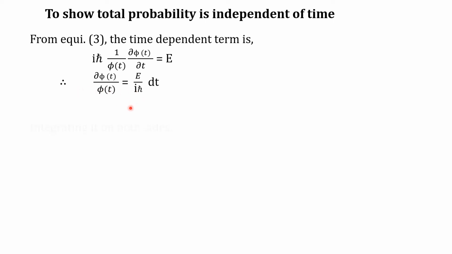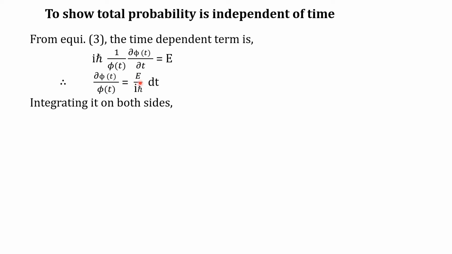Here we integrate on both sides. Once we integrate, integration of 1 upon phi of t into d phi of t equals integration of E by i h cross into dt.